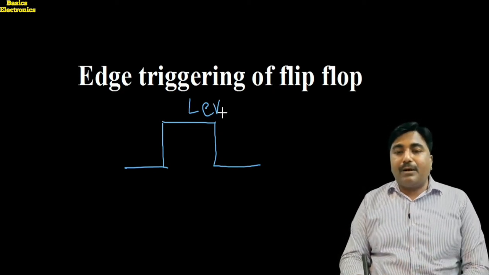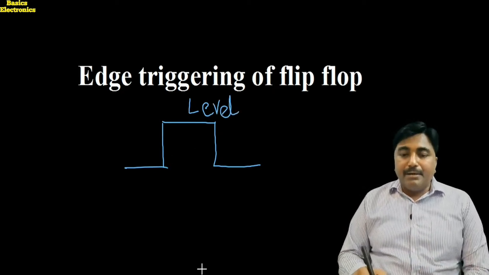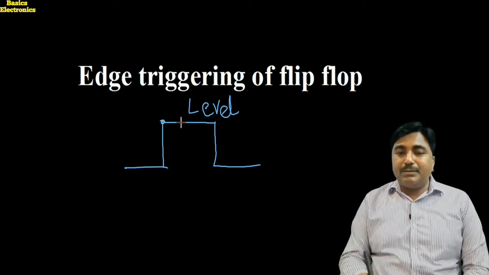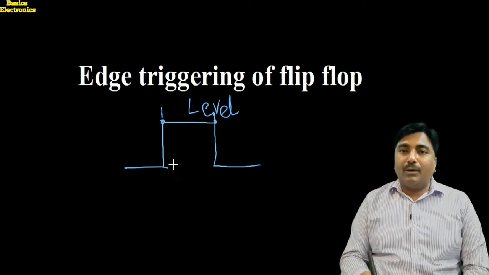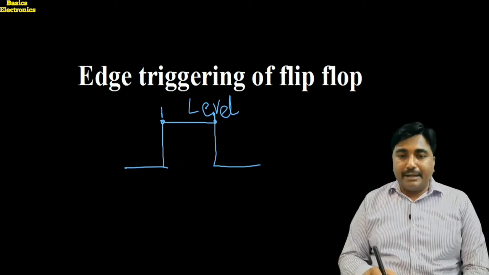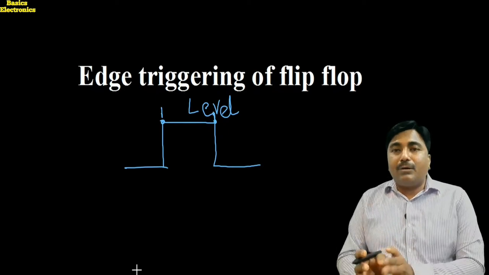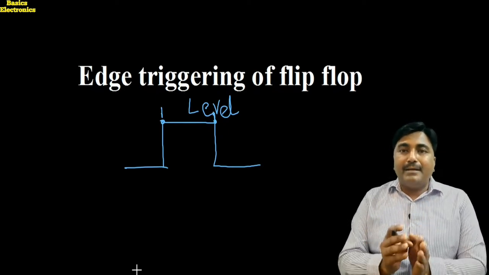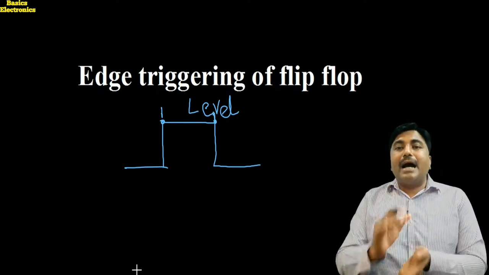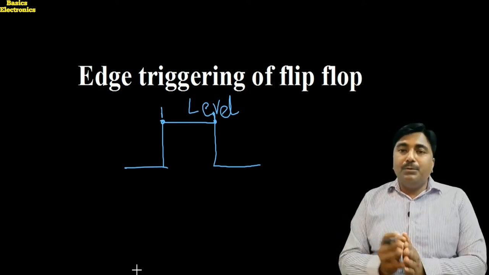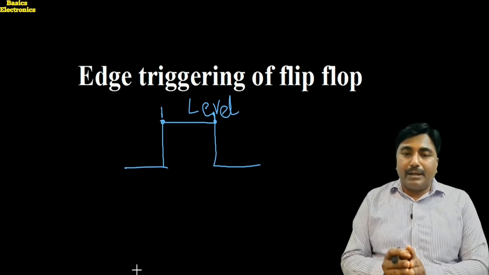Here this is what we call level triggering, which means the flip-flop triggering is in between these two points, from this point to this point. The level triggering means the change of the state of the flip-flop when there is a high time period of the clock input or there is a low time period of the clock input.